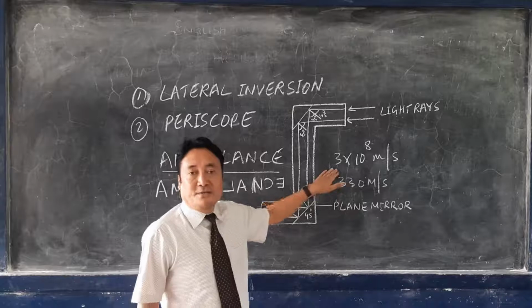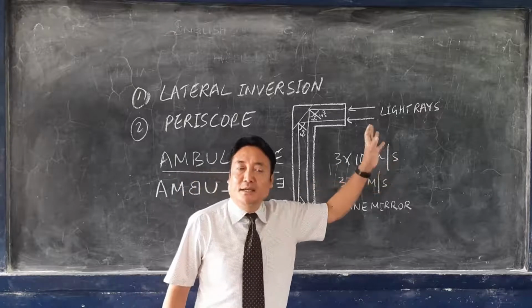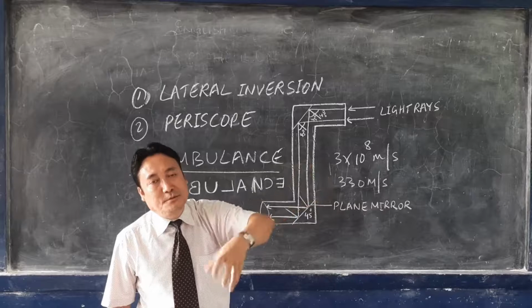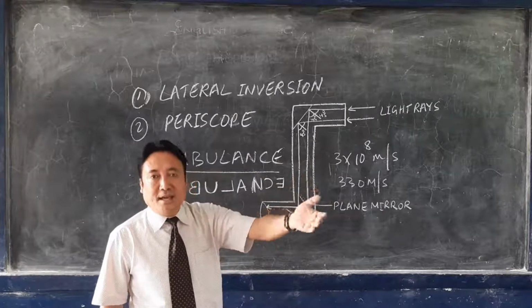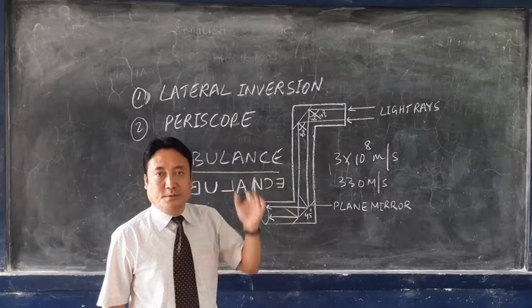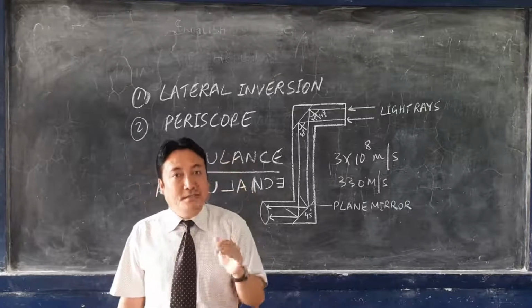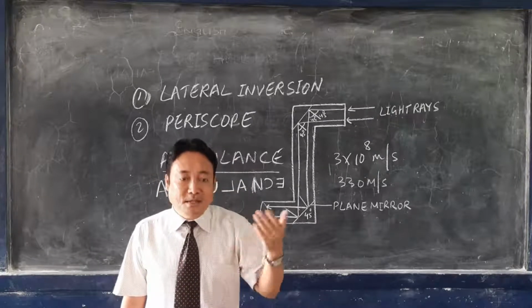Normally the speed of light is 3 into 10 to the power 8 meters per second only in air or vacuum. But when it falls on water or glass, it changes. So the speed of light in water or glass will be different, which means the speed of light decreases.